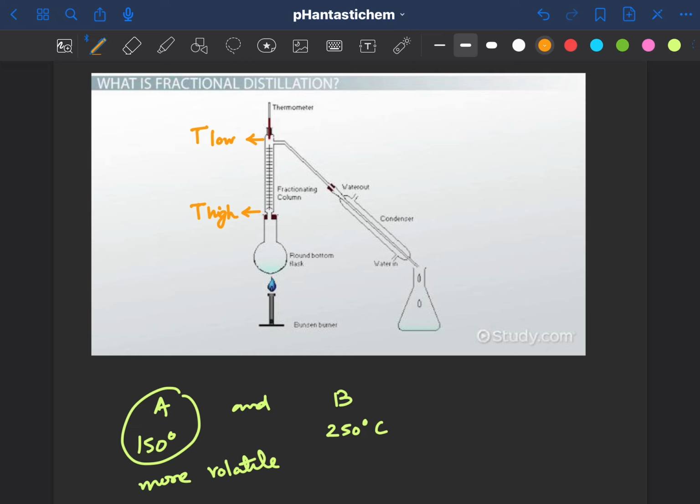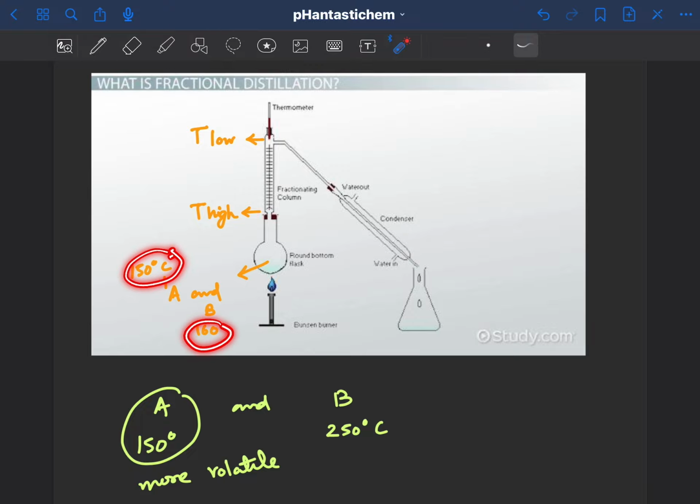So obviously here we have taken a mixture of A and B. The boiling point of A was 150, remember, and B is 160. So A is obviously more volatile. Upon heating, mixture will start boiling, and vapors will mostly consist of A and less of B, because A is more volatile, because its boiling point is less.